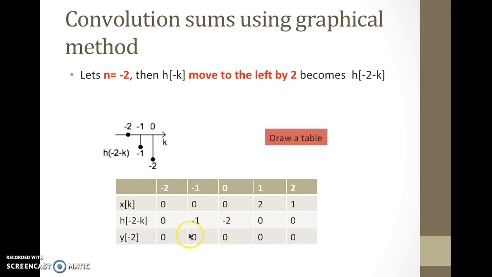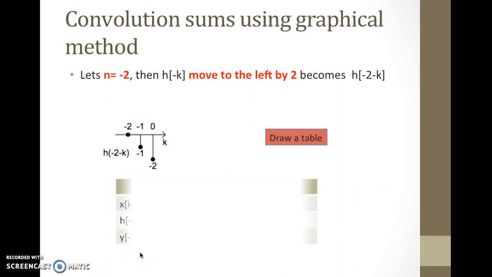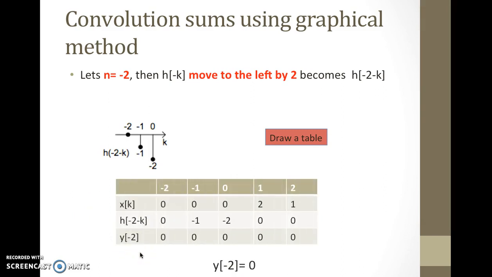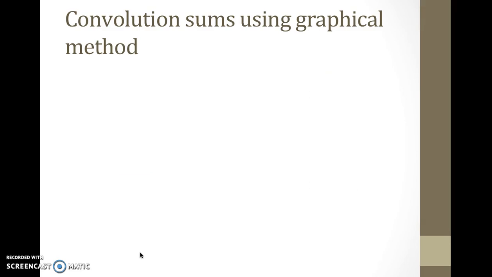Then you complete the table. When you multiply, you will get y of minus 2 equals 0. You don't have to do n equals minus 3 because you will get 0 as well.